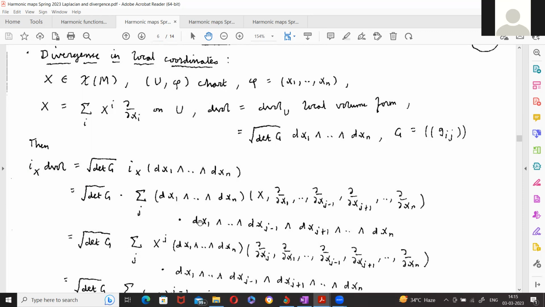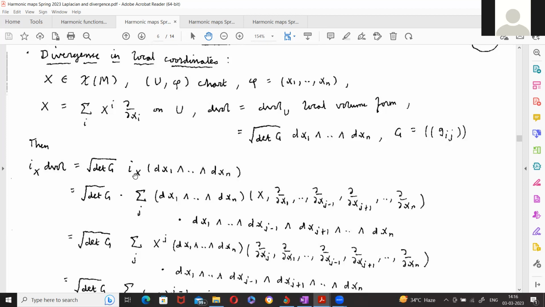And the coefficient of this basis element will be the form that we're looking at applied to the basis vectors del del x1 up to del del xn with del del xj omitted, right?